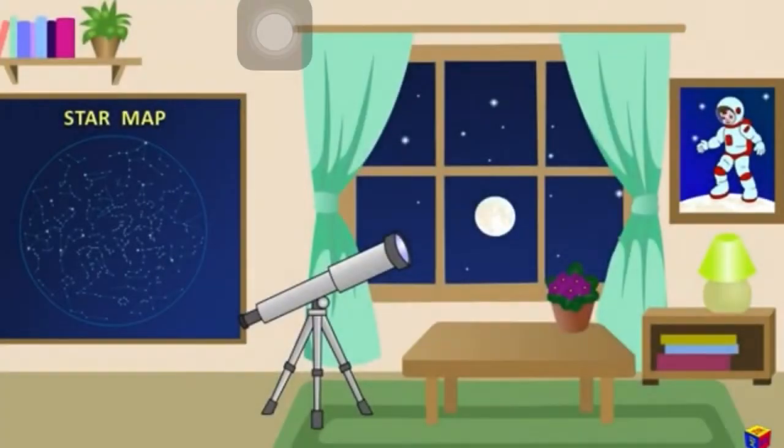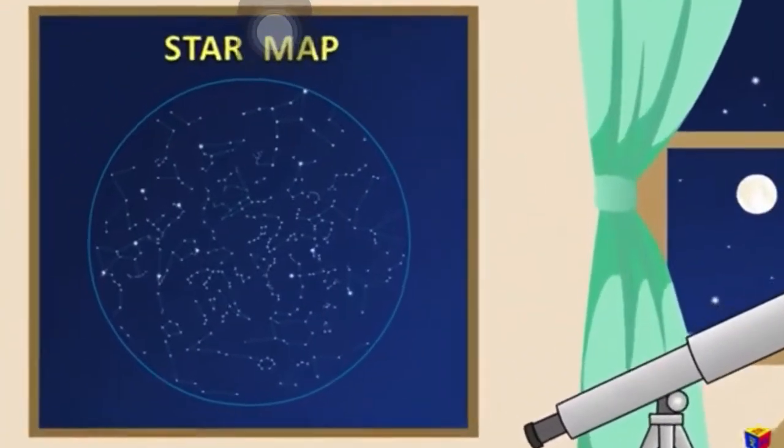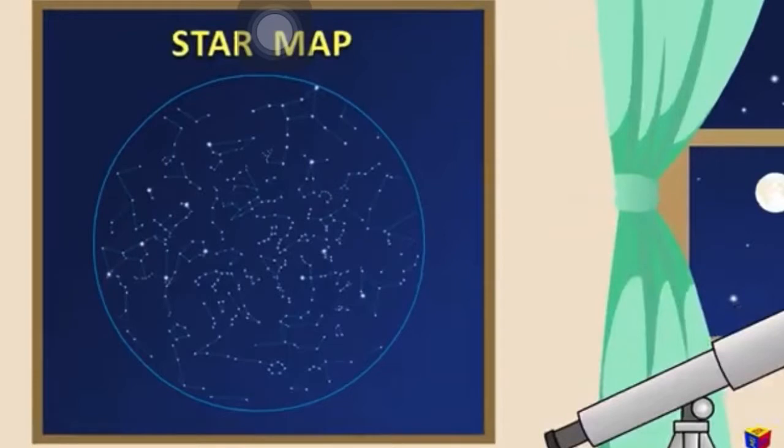So they identified people, animals, and other objects. And all of the constellations make a star map. Look at this picture. We have a lot of constellations and they have different names. Do you see them? They form different pictures, animals or people.